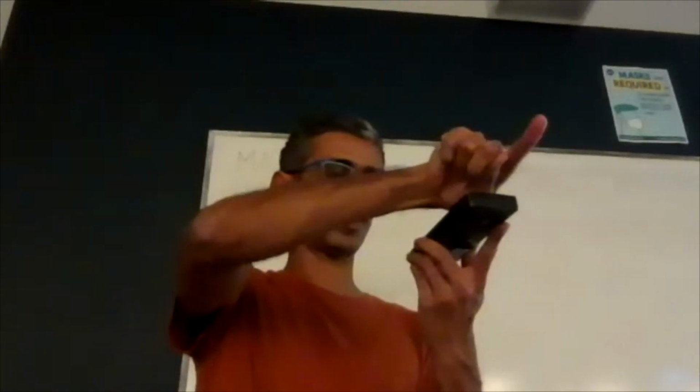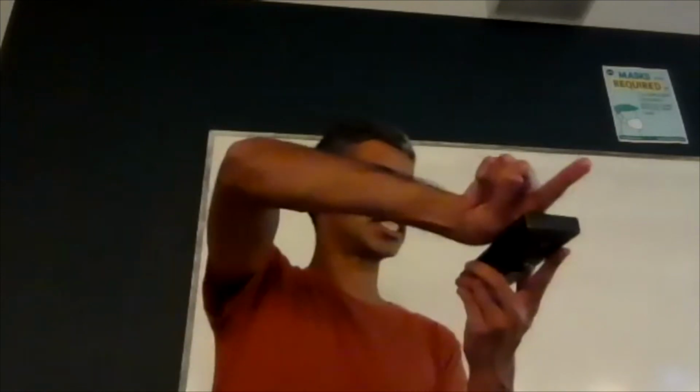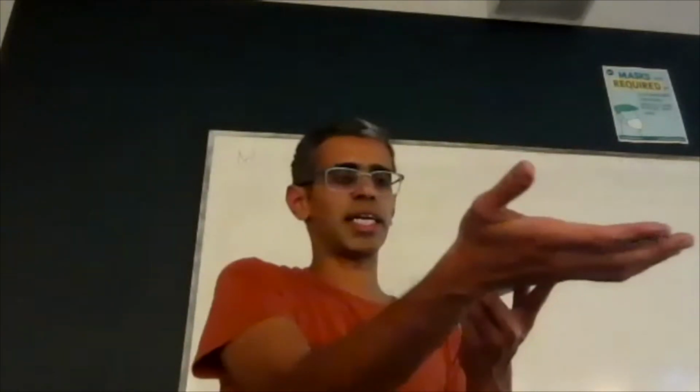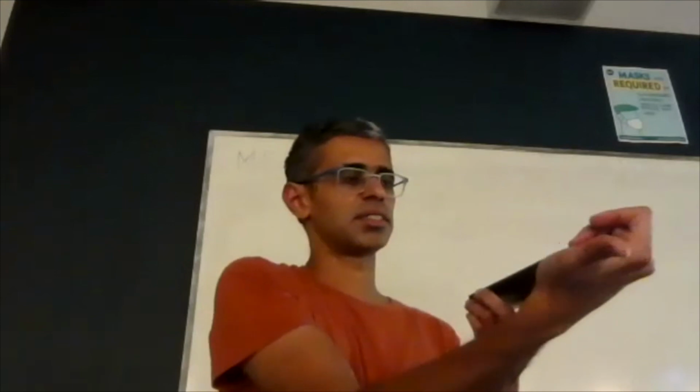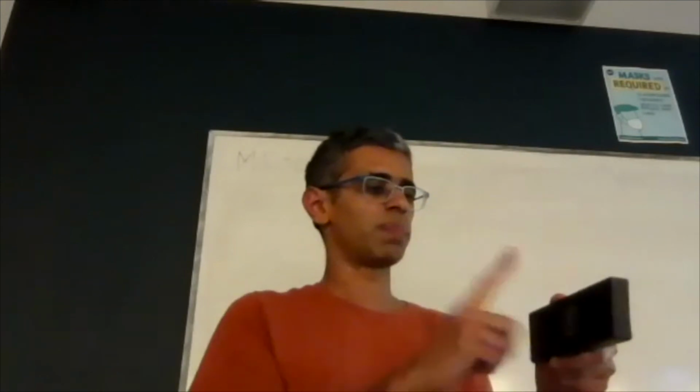The x-axis is this way, y-axis is to the right, and z is upwards. X, y, and z. Here's how we do 90 degrees about x, 90 degrees about y. First 90 degrees about x. Now x will remain unchanged, but y would be up and z would be this way.